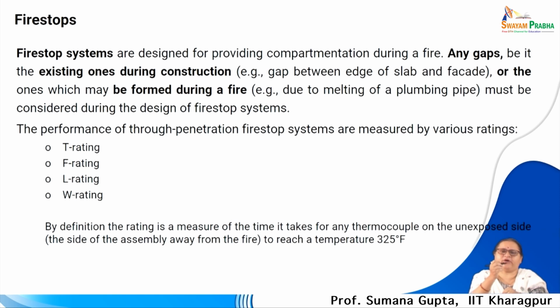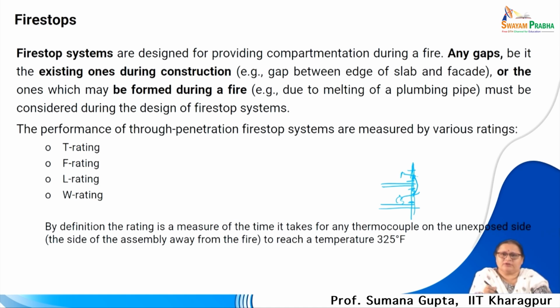Fire can leapfrog from one floor to another floor from outside. So, the fire can move from this floor to the next floor by rupturing the glass, and it can move further up and rupture this floor, or through an open window it can move to this. So, that is called a leapfrog fire.